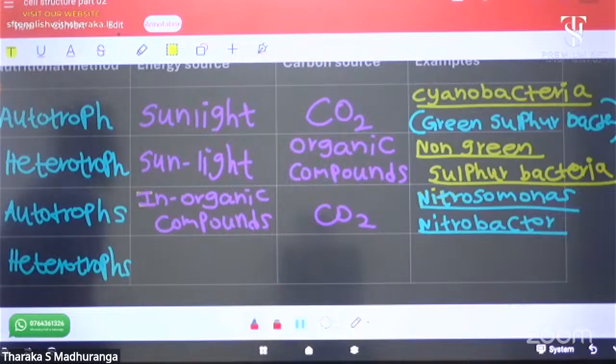Remember, both are nitrification bacteria. They come in nitrification, right? I will explain what nitrification is.